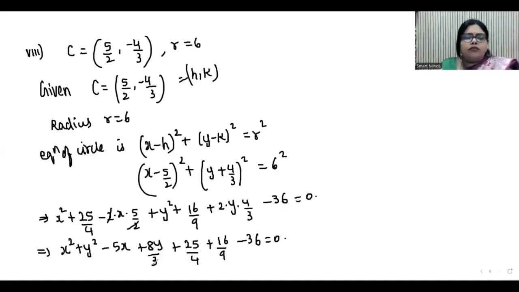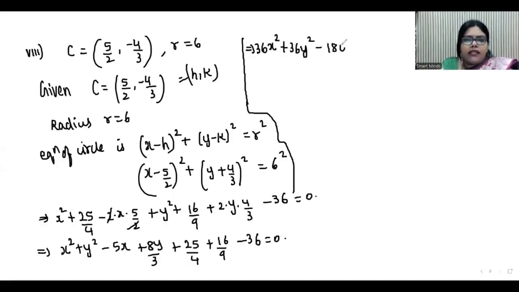So LCM of 3, 4 and 9 is 36. Now if you take the LCM, what will you get? 36 is the LCM. So 36x square plus 36y square minus 180x plus 3 into 12 is 36. So 12 into 8 is 96y. 4 into 9 is 36.